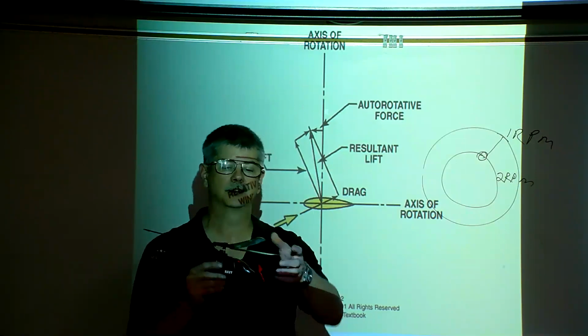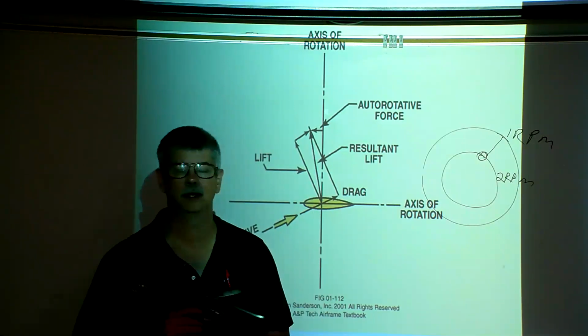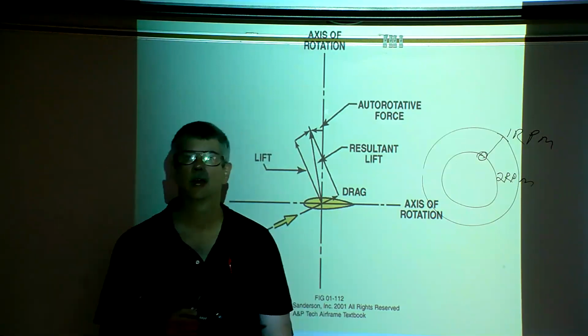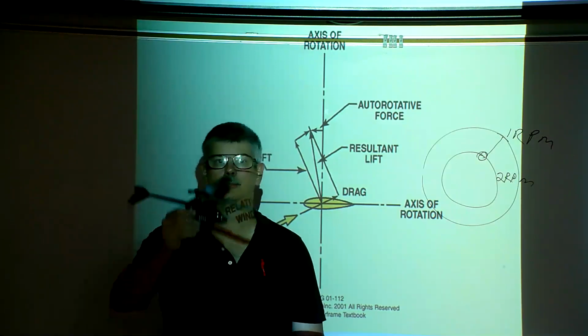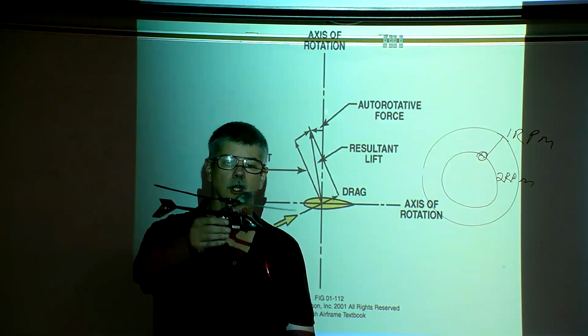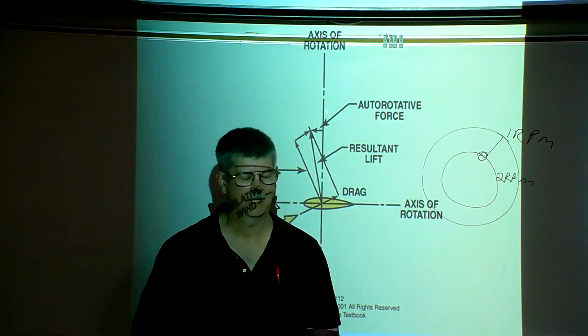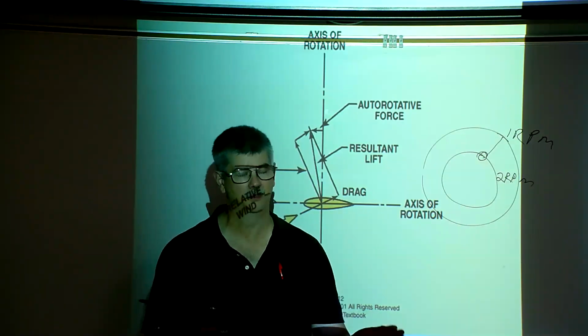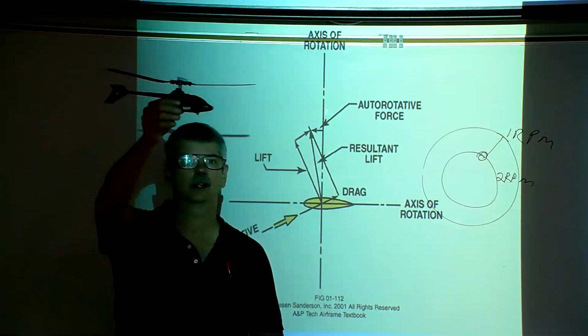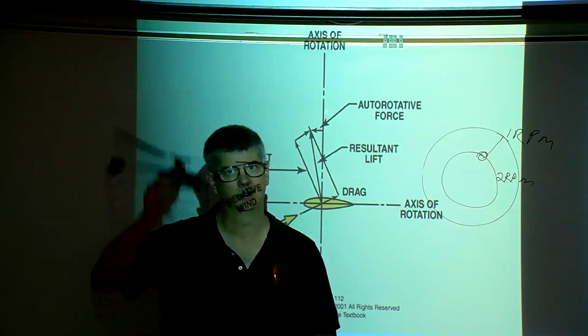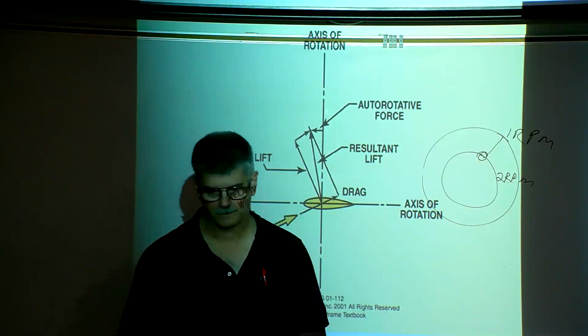By doing this, the outer portion of the rotor blades are traveling fast enough that they will actually create some lift and thus slow the descent down. Now, I'm just saying slow the descent down, not like a real gentle descent. It goes rather quickly. Okay?